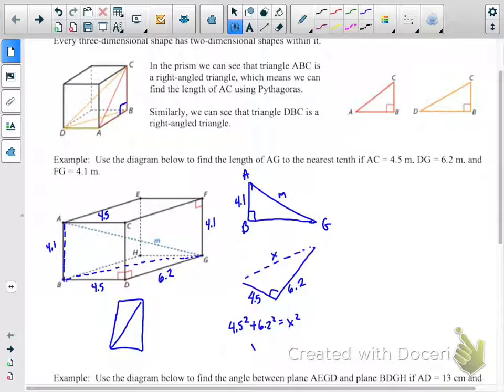I end up with X being the square root of 58.69. Now, don't actually find that. We want to keep that exact. Well, that goes right there. So now we can do the Pythagorean theorem and find the side that I want.